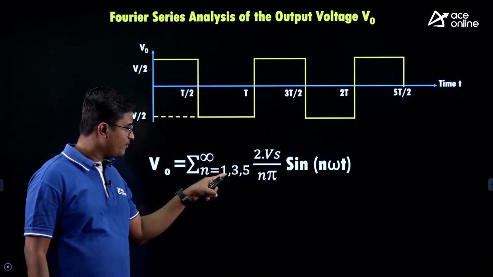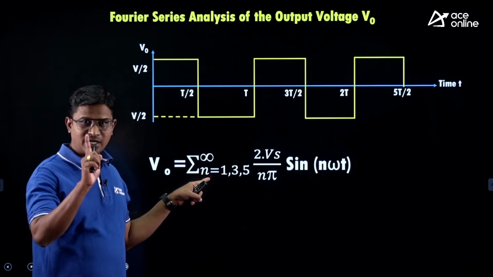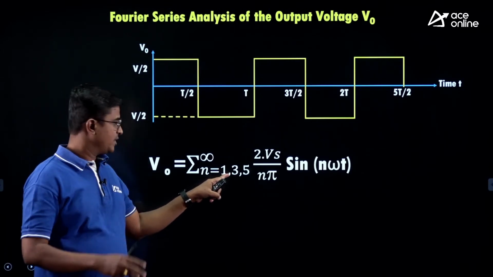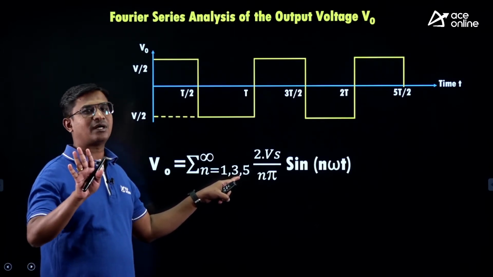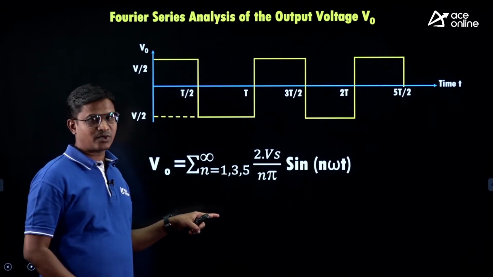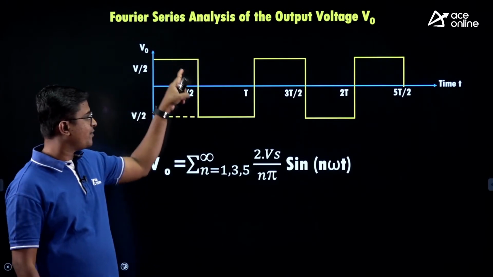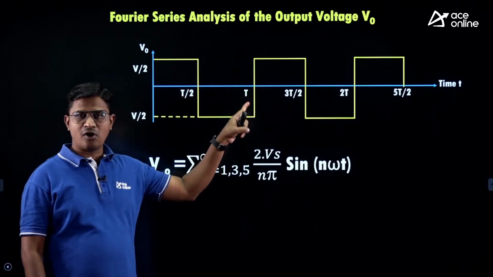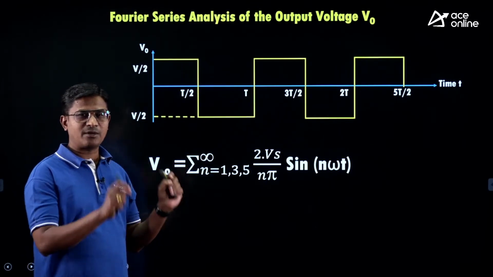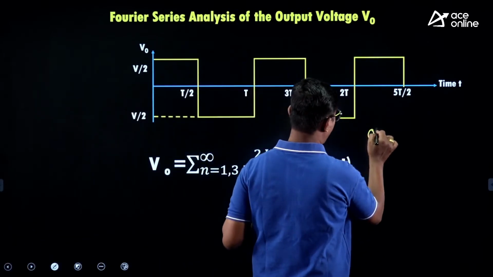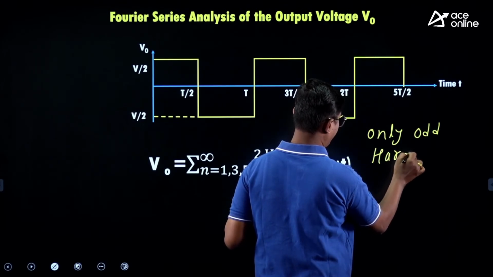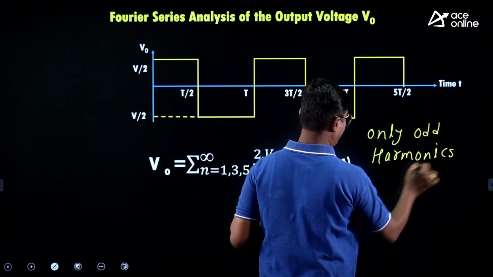N equal to 1 means the fundamental component, n equal to 3 means the third harmonic component, n equal to 5 means the fifth harmonic component, n equal to 7 means the seventh harmonic component, and so on. Always keep in mind, if you have a square waveform, then only odd harmonics will be present. Even harmonics will be absent. Only odd harmonics will be present.